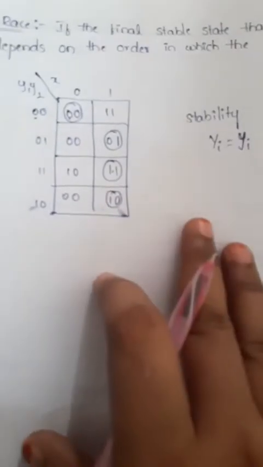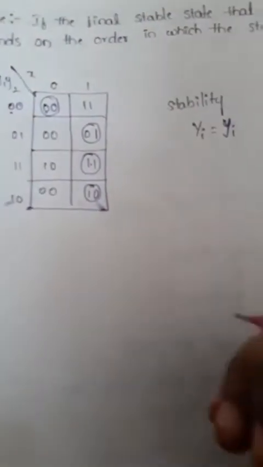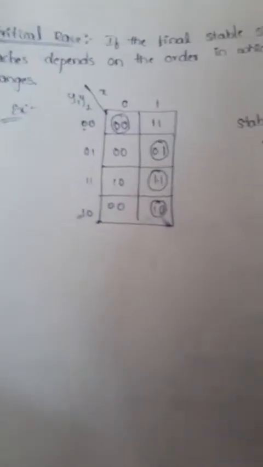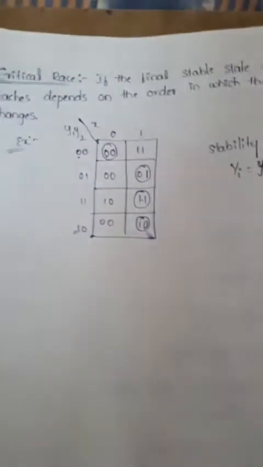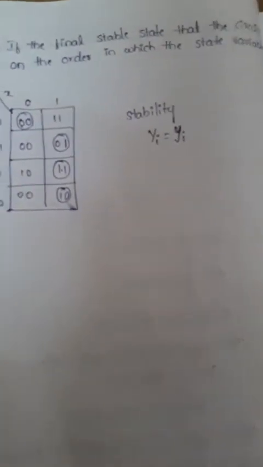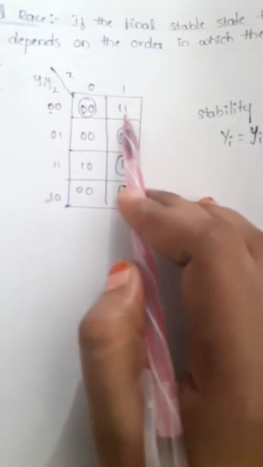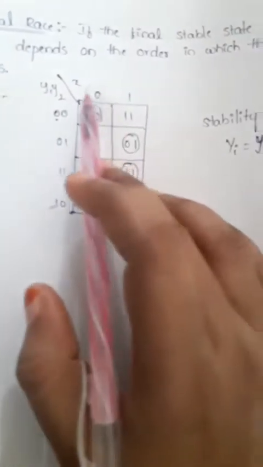Okay, so after finding the stability, next we'll go for the race condition. That means we need to check the race condition. First of all, we need to check the adjacent cells, whether the input can change from 0 to 1.